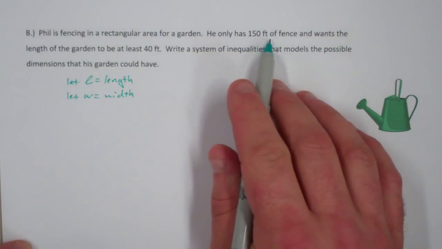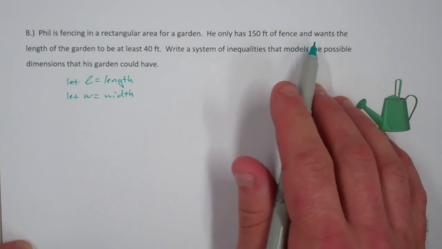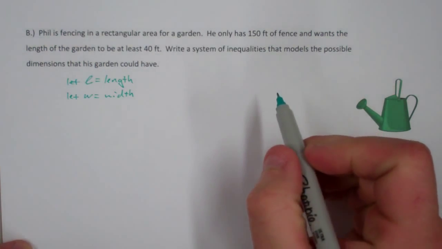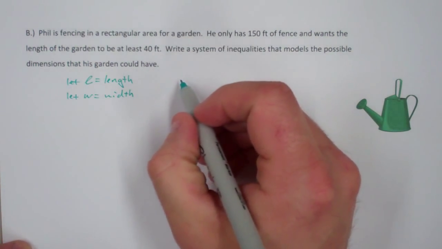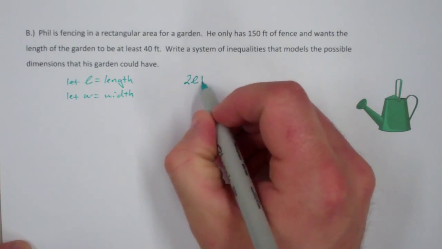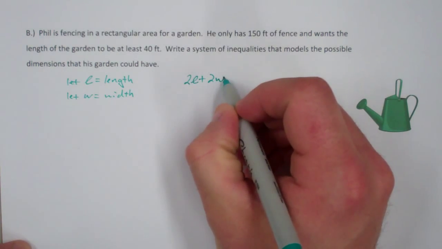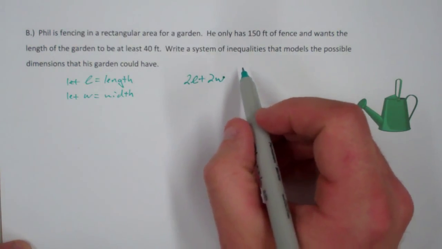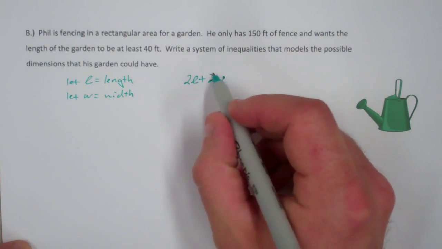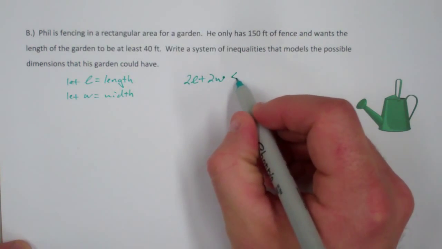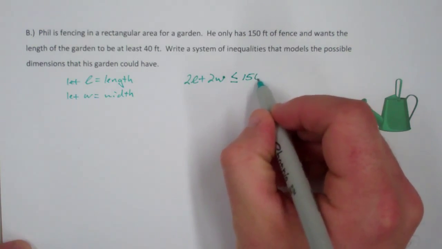He only has 150 feet of fence. Alright, well, if he's got to enclose the whole thing, the perimeter is 2L plus 2W. And he only has 150 feet, so the perimeter has to be less than or equal to 150.